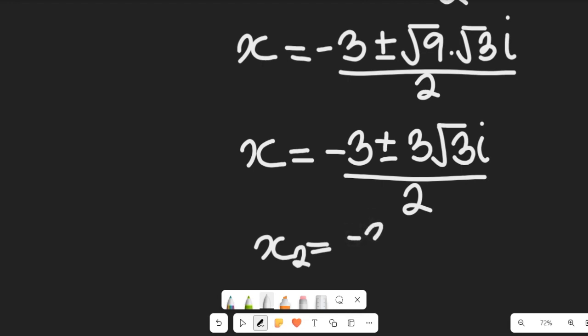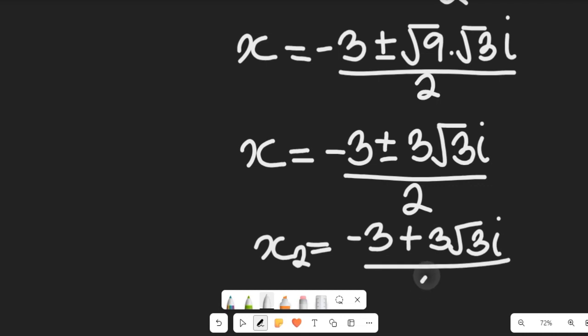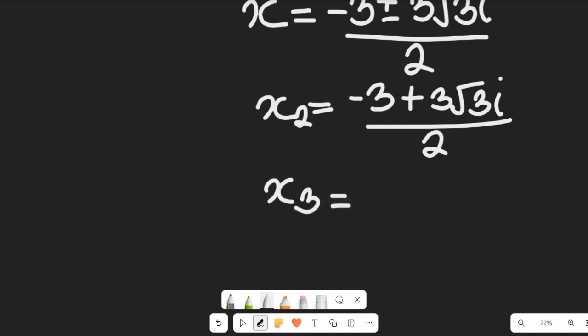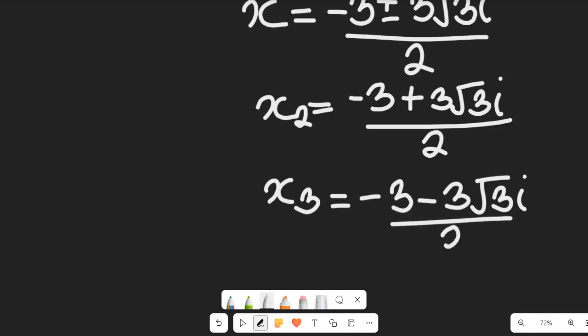That will be negative 3 plus 3 root 3j divided by 2, which is a complex root as an imaginary value, and then the value of our x3 will be equal to negative 3 minus 3 root 3j all divided by 2.